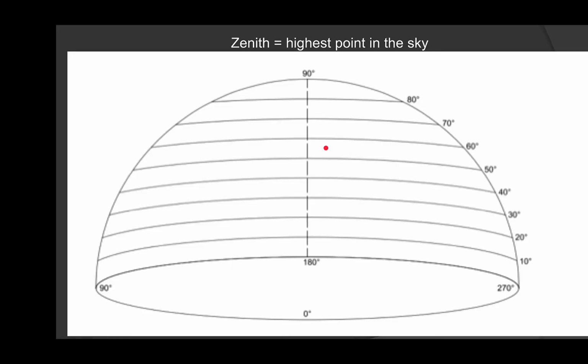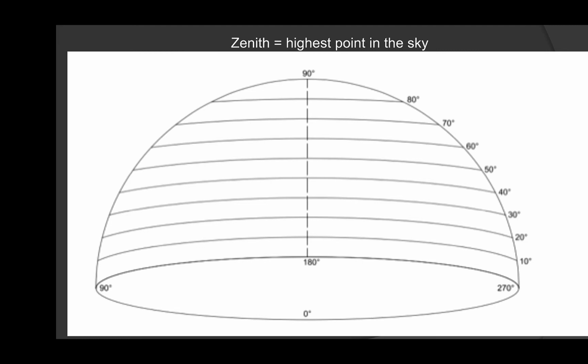So the sun was here at 53 degrees of altitude, 189 azimuth, and has shifted to 40 degrees altitude and 215 degrees of azimuth. So the sun has shifted over to this location in 2 hours. And that's what I'd ask you to show me in the planetarium or on Stellarium: track an object as it moves through the sky and plot it on this graph.